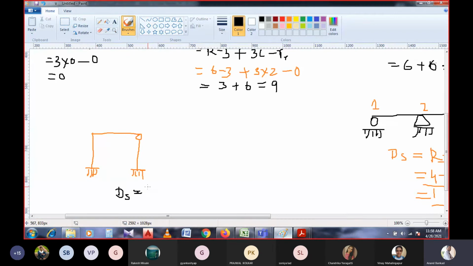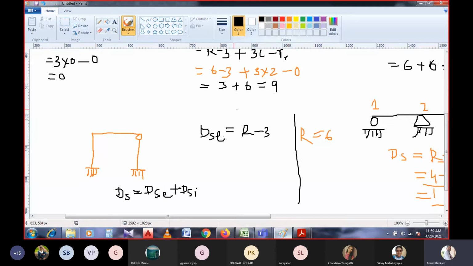What is ds? ds equals dse plus dsi, right? So external indeterminacy is r minus 3. For this we have r equal to 6 over here, right?